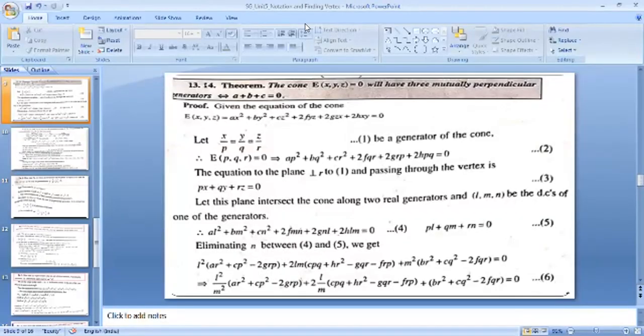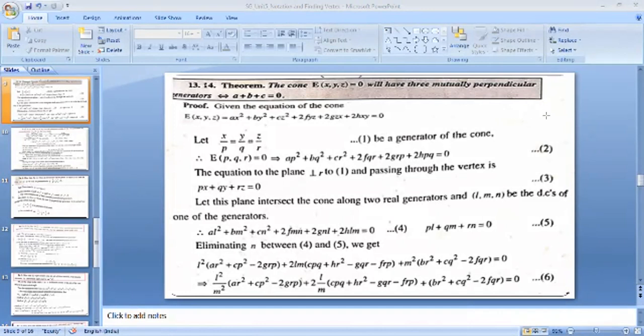So we have considered this line. Now, what I'm going to do is consider a cone.